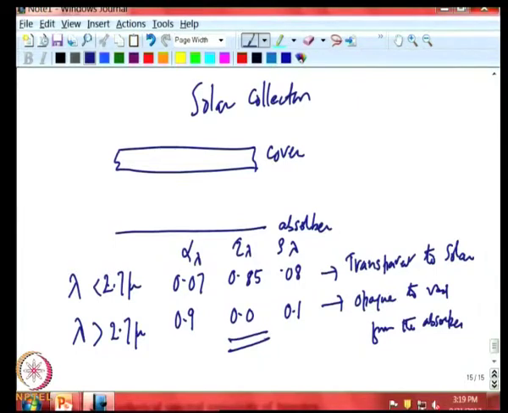So, interestingly, the glass surface which is so transparent to the visible is totally opaque in the infrared. It behaves like a blackboard in the infrared, but it is totally transparent in the solar region. These are the kinds of unusual surfaces which give us a special advantage for designing collectors which will allow the radiation from the sun to come through, but the radiation from the plate is reflected back.